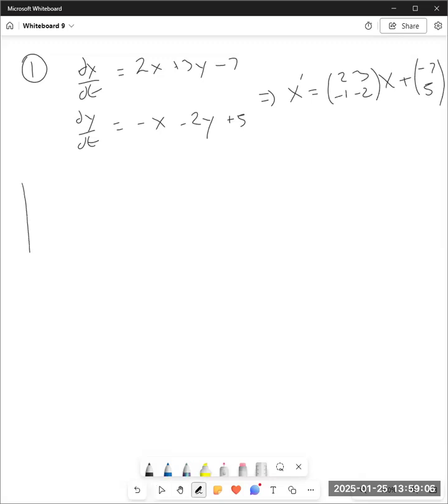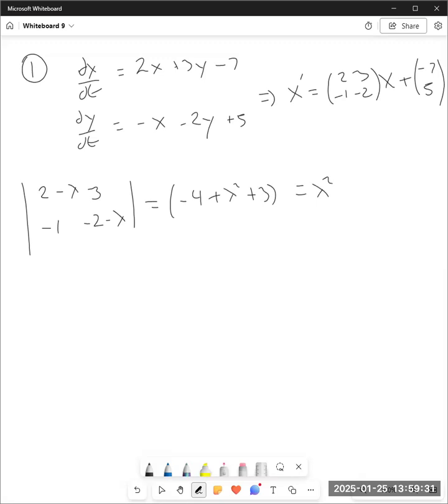So my characteristic equation here is going to be the determinant of [2 minus lambda, 3; -1, -2 minus lambda], which is negative 4, minus 2 lambda plus 2 lambda is 0, plus lambda squared, and then minus a negative 3 is plus 3.